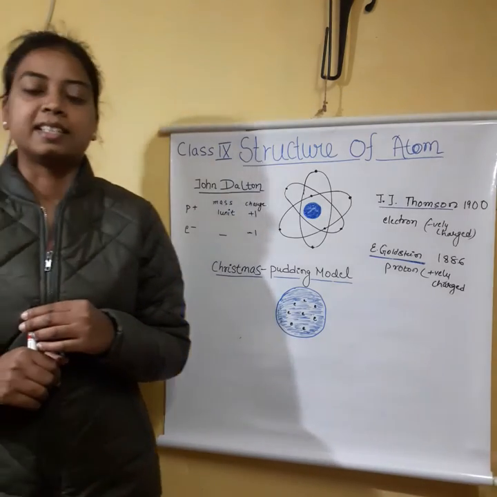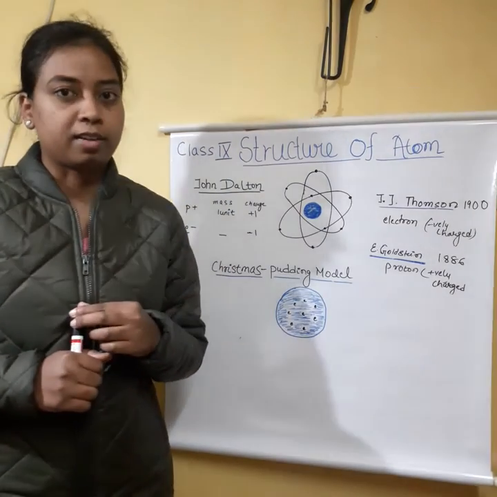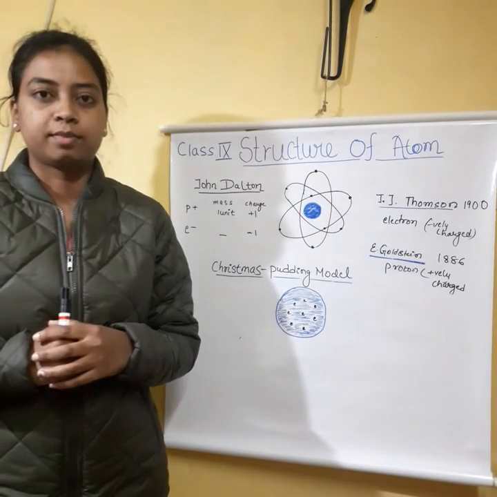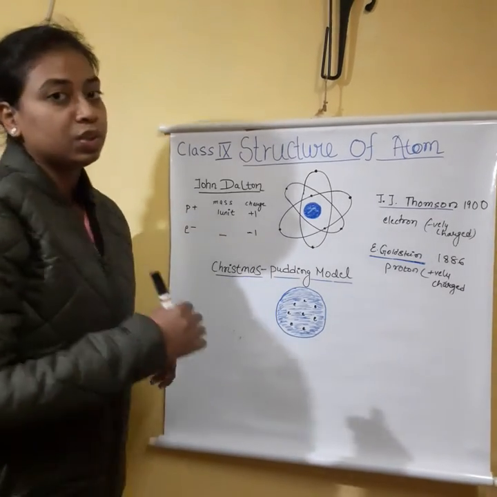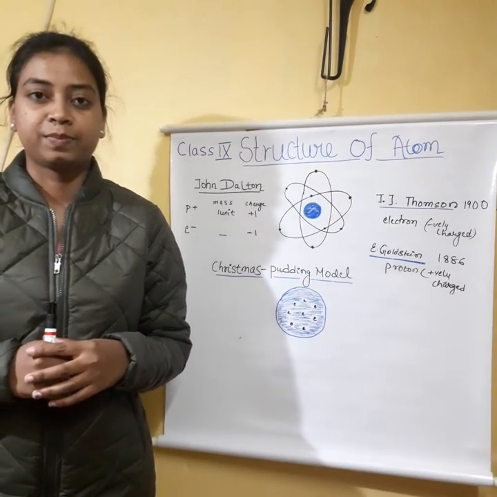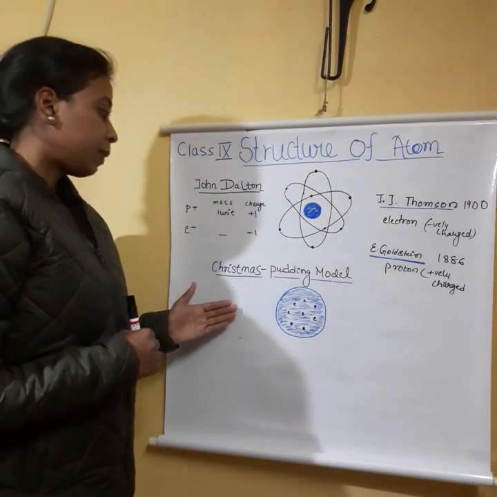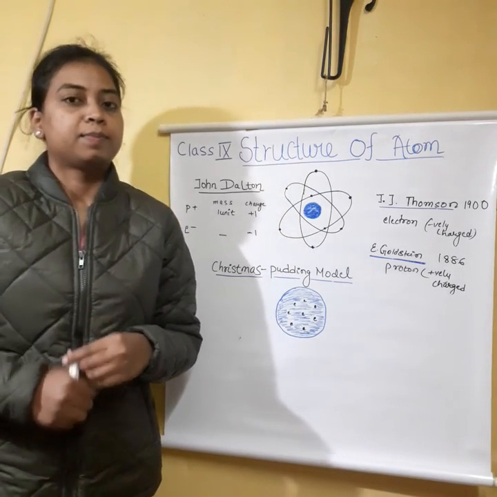The second one is that the number of positively charged particles and negatively charged particles are equal, which means the atom as a whole is neutral. So this was the structure which was explained by J.J. Thomson. Thank you.